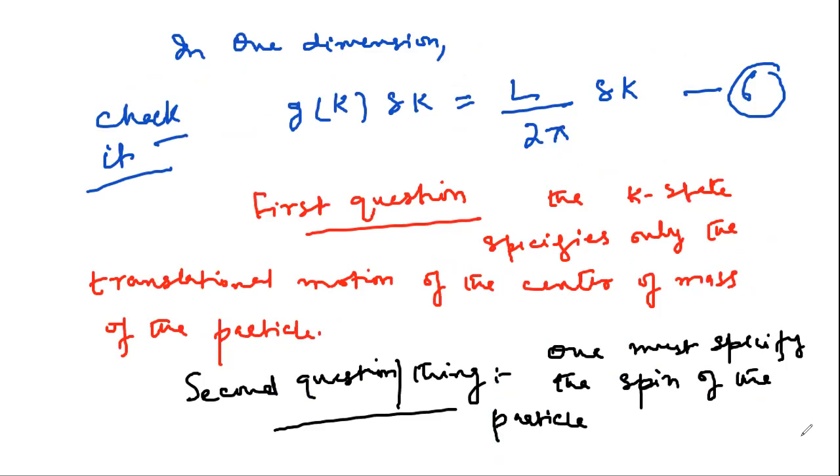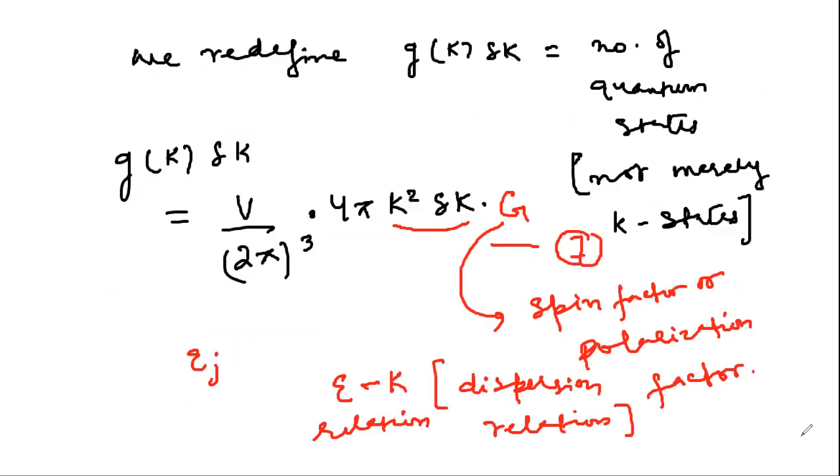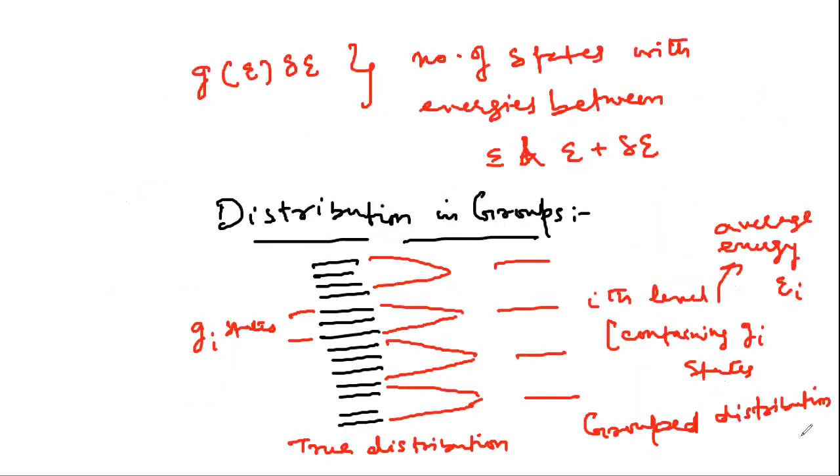Then we talked about the quantum states. So if g(k) delta k is the number of quantum states in the given range, then we have to multiply by another factor g here, which is called spin factor or polarization factor. Then we go from density of states in k to density of states in energy using the concerned E-k relation or dispersion relation. Then we talked about this grouping.